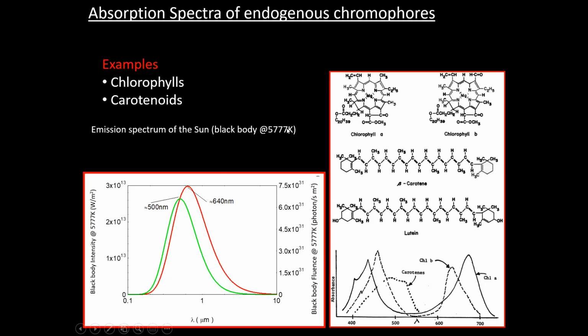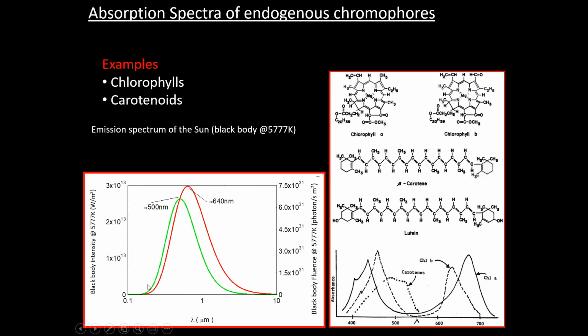This is the effective temperature of the corona of the sun. You know that light in the sun is not emitted by the bulk of the sun, but by a very thin layer around the sun, where there is a recombination of atoms. And the temperature of this emitting layer is about 5,770 Kelvin.